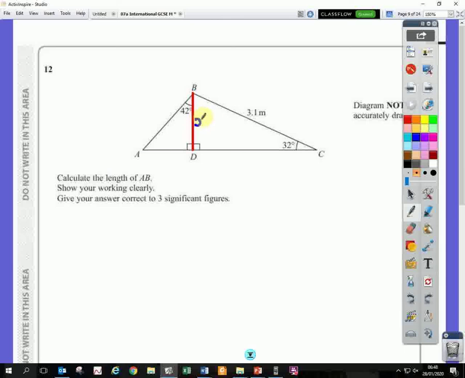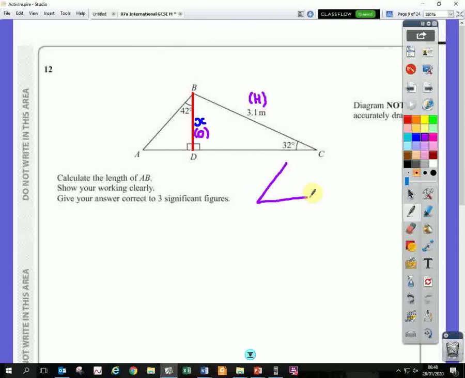So let's try and work out this length, which is common to both. We can use trigonometry. If I call it x, the side opposite to 32 is known as O. The side opposite the right angle is the hypotenuse, so it's O and H, which is SOH from SOHCAHTOA.